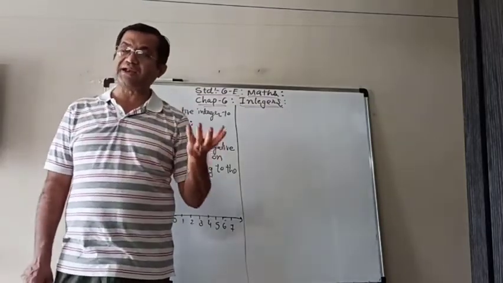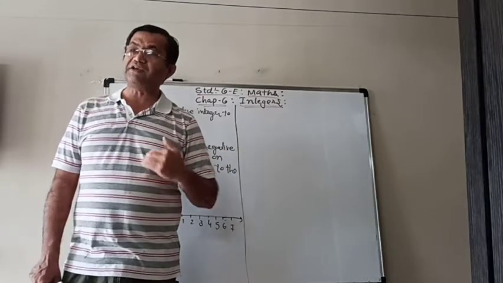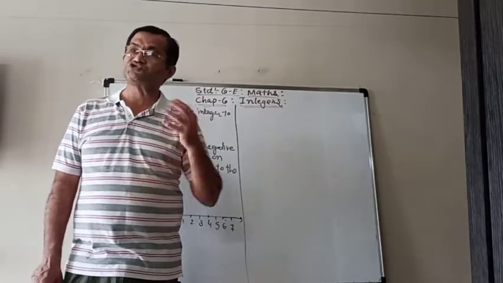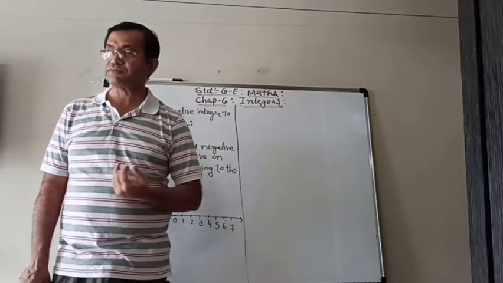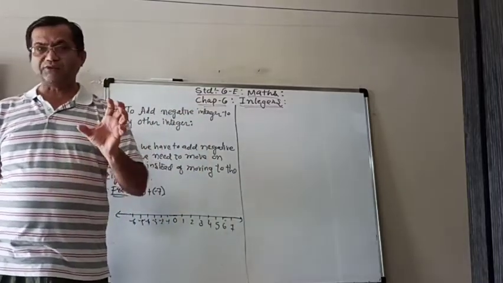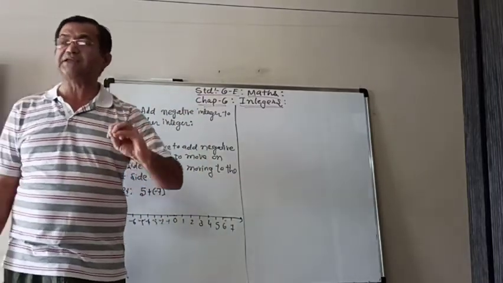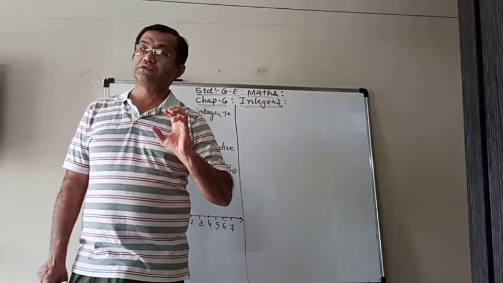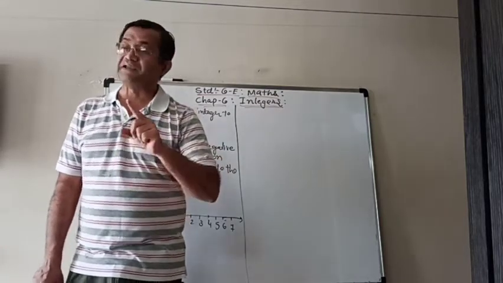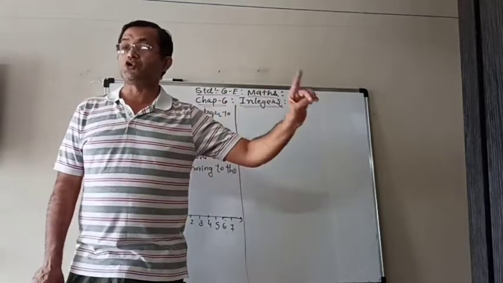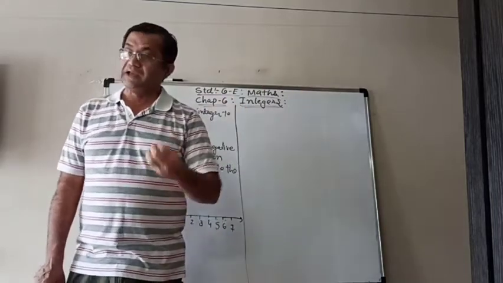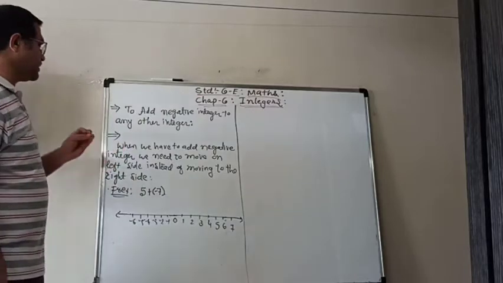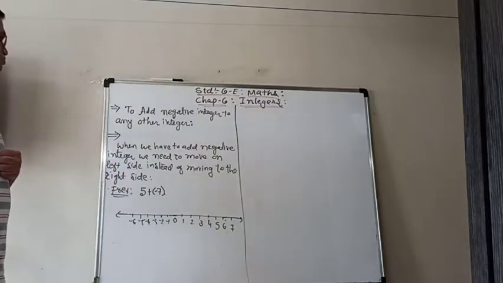Because actually adding a negative integer means to subtract its opposite. And therefore, when we add a negative integer, we have to move toward the left side, not toward the right side. Let us understand that with an example also.